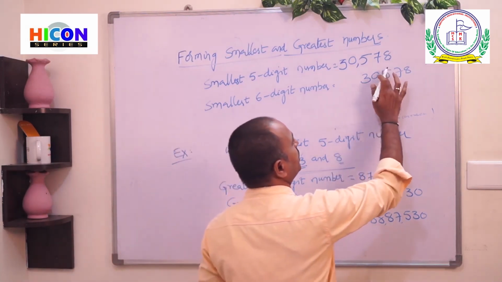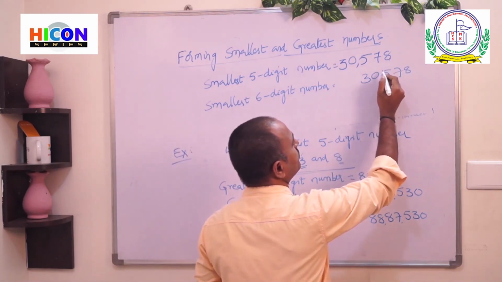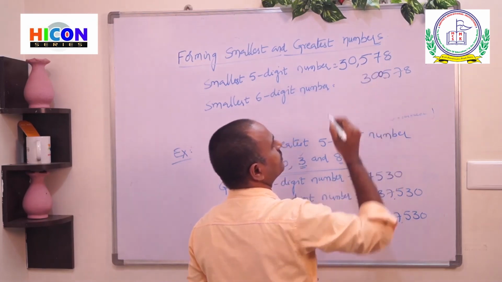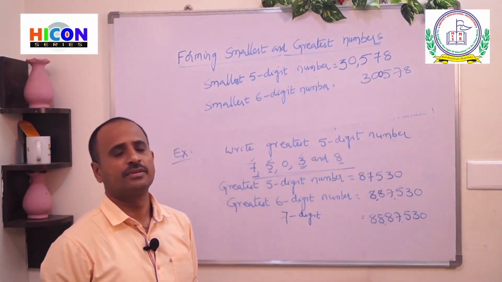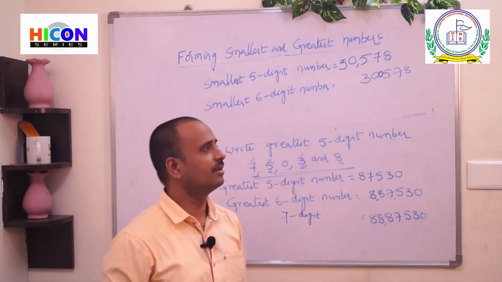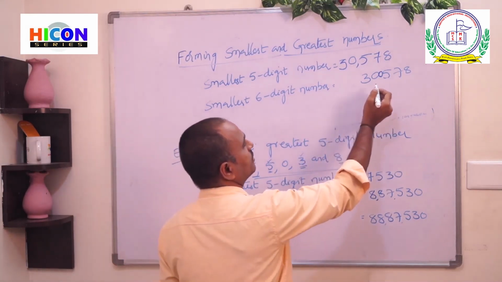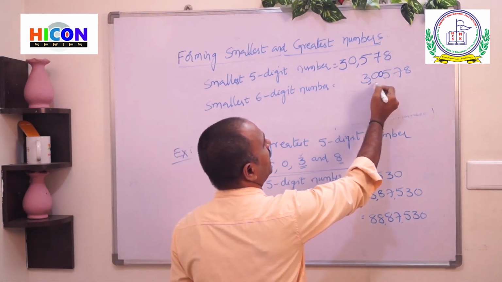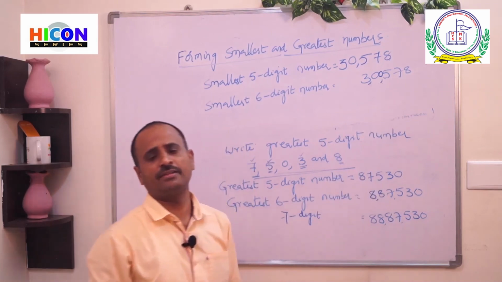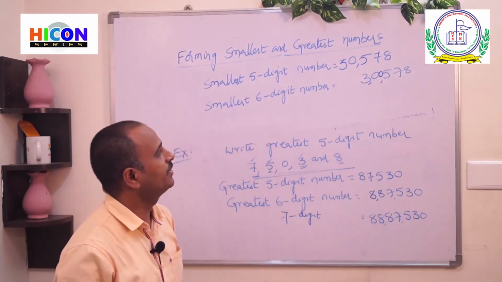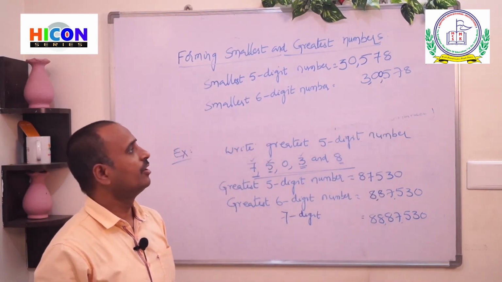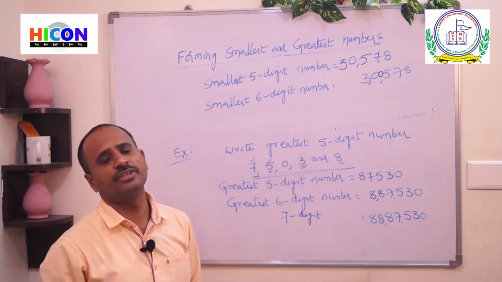Here again repeat 0. Now it becomes a 6-digit number, 300,578. This is the way to write the smallest 6-digit number.